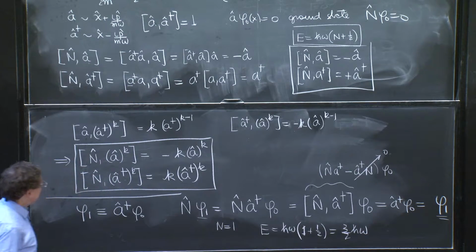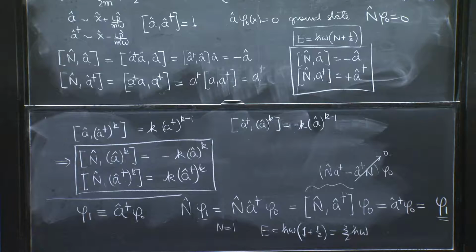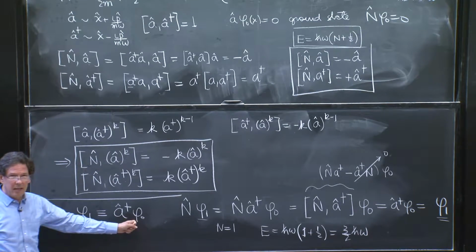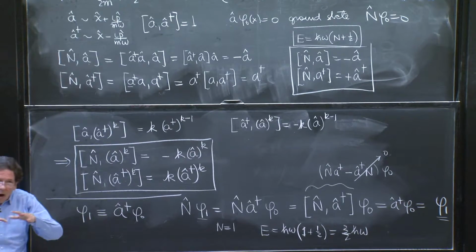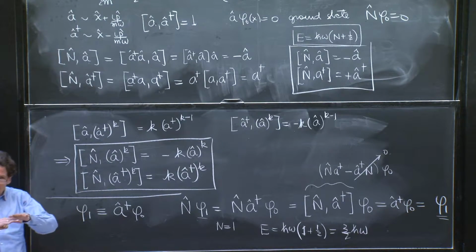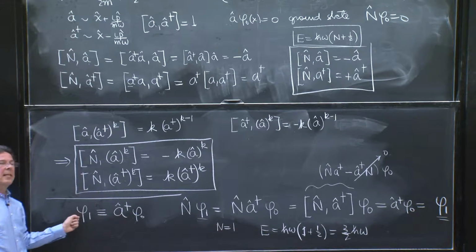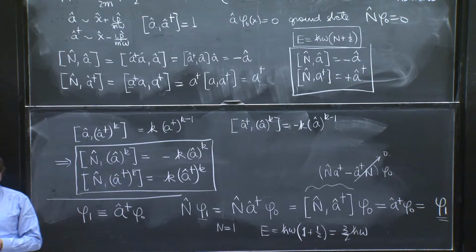And look what this is. This is the reason this is called the creation operator, because by acting on the ground state, what people sometimes call the vacuum, the lowest energy state, you get a state. And you've created a state, therefore.